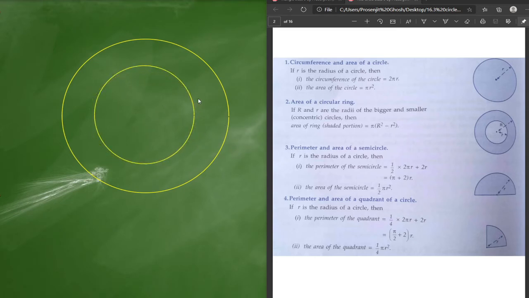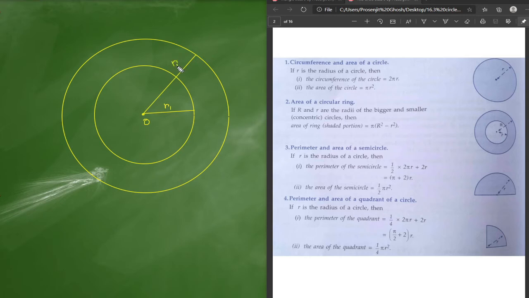Finally you got a concentric circle. That's better to explain. So we have two circles with the same center, O. This is R1, and the bigger one I'm taking as R2. As you can see, I'm marking from here to here, that is R2.